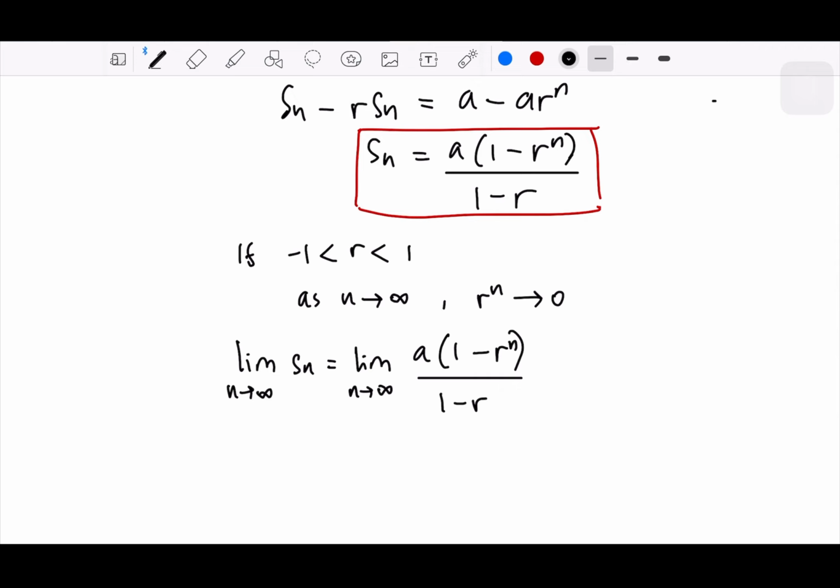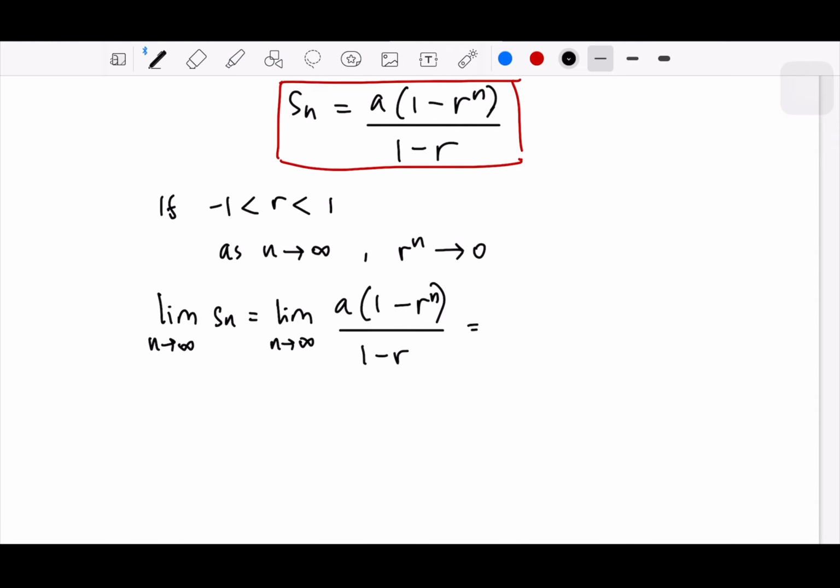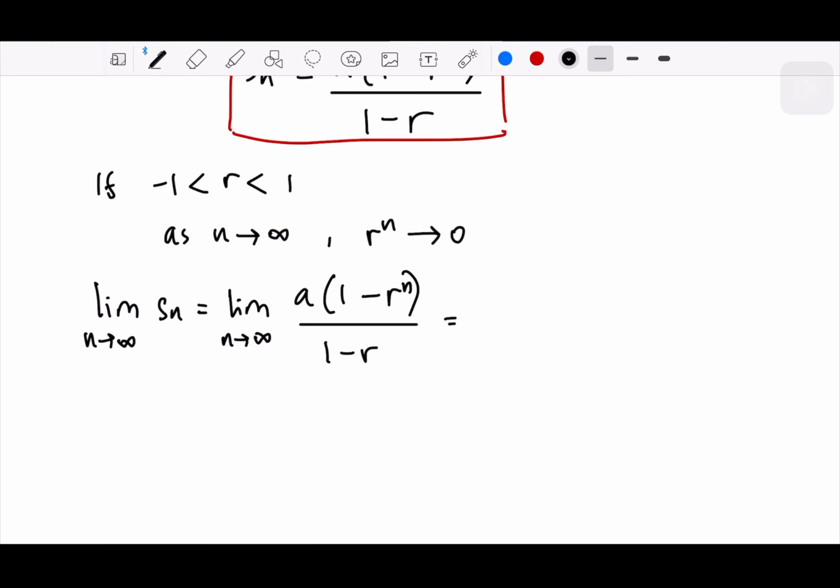So if this happens, then we can take this 0 for R to the power of n. This turns out to be A over 1 minus R.